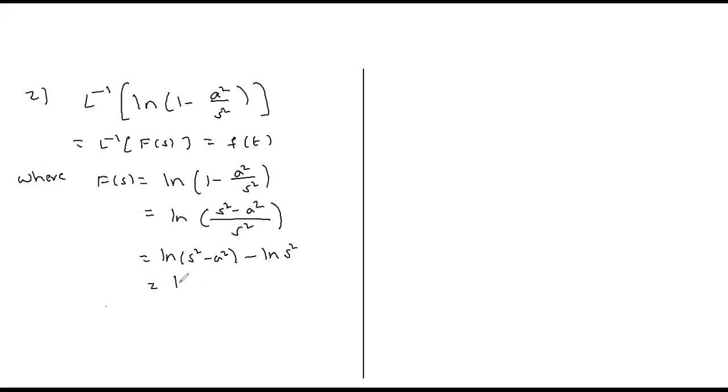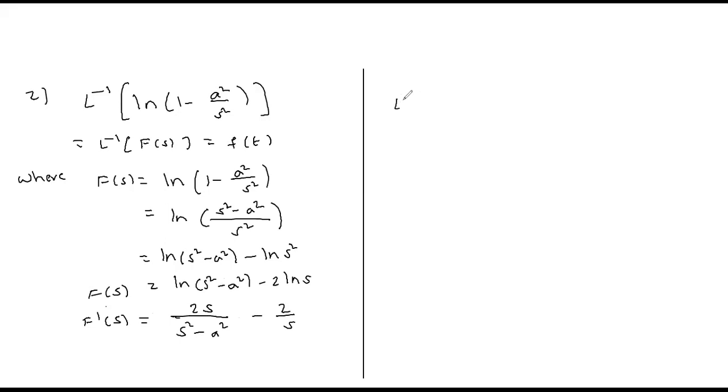So this is log of s square minus a square minus 2 log s. This is nothing but f of s. Now what do I want? f dash of s. The derivative of log of s square minus a square is 1 by s square minus a square, times the derivative of s square minus a square, which is 2s, minus 2 by s. Is that okay?